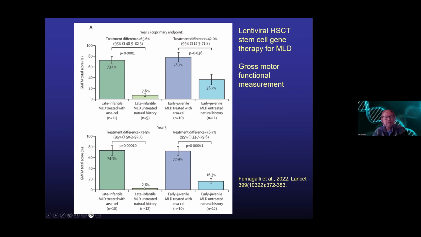These are the untreated natural history patients and how they're functioning. It's like hardly at all for the late infantile, and early juvenile very poorly, compared to this group who showed stabilization of their motor scores from year 2 to year 3. It's really not changing, which is great.